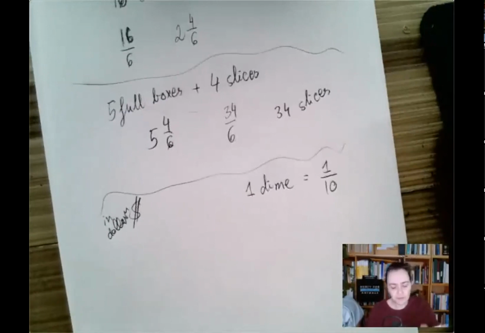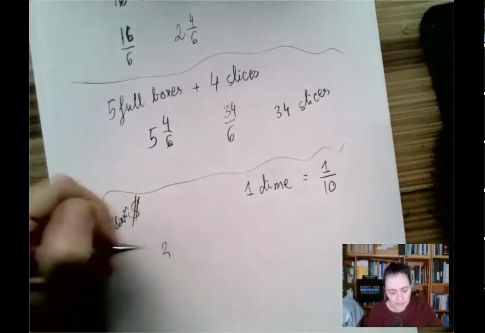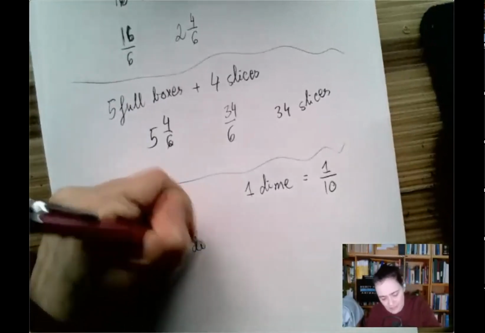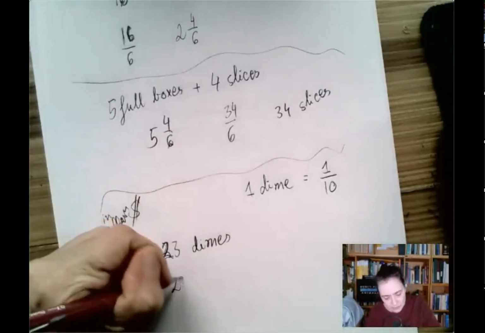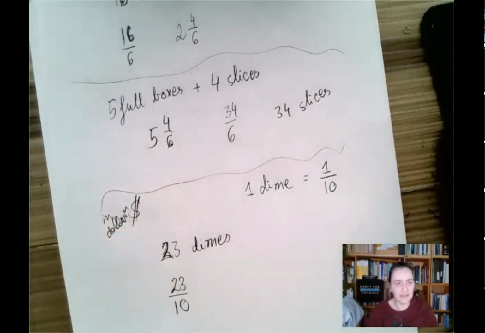So what would this be as 23 dimes? 23 dimes as an improper fraction is 23 over 10. Well, can you make change? Like you have too many coins, too much coins, pulls down your pocket. Can you express this as a mixed number? I know it's easy, but that's all right.